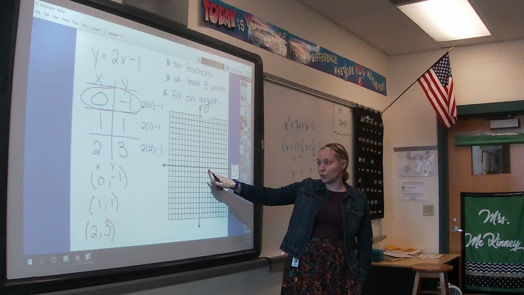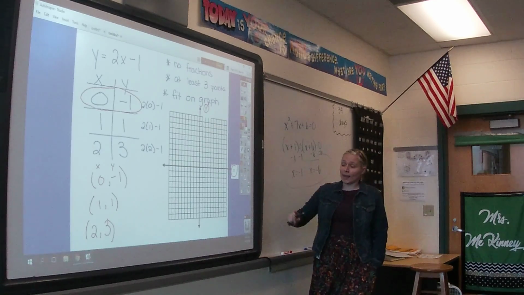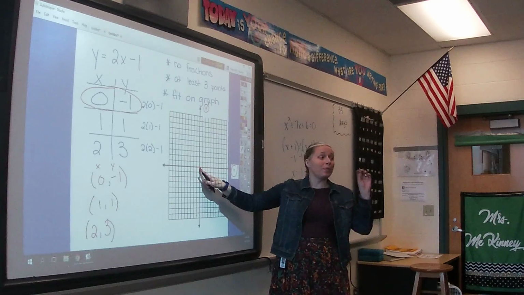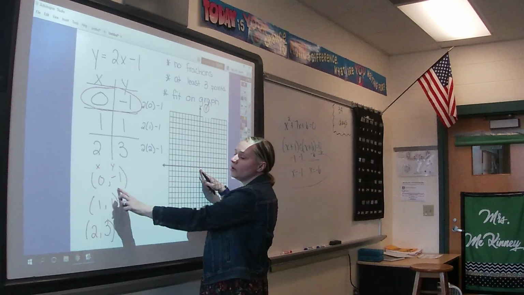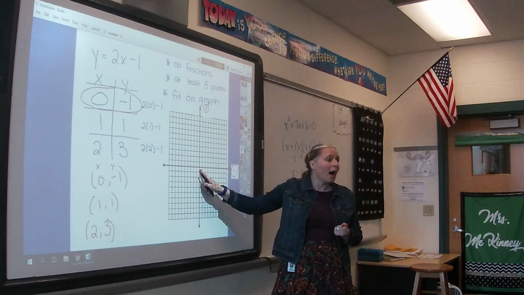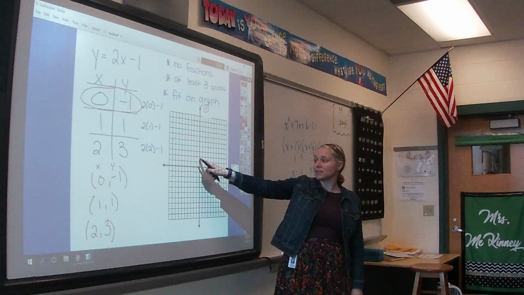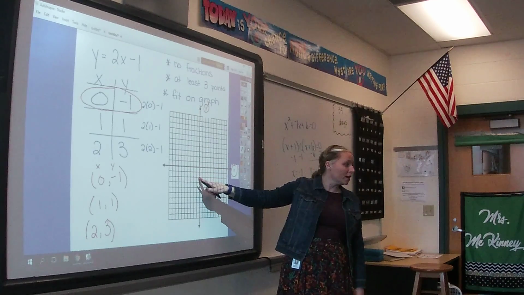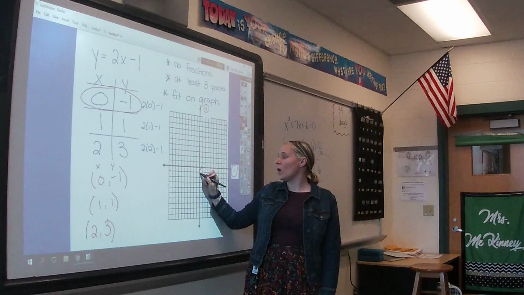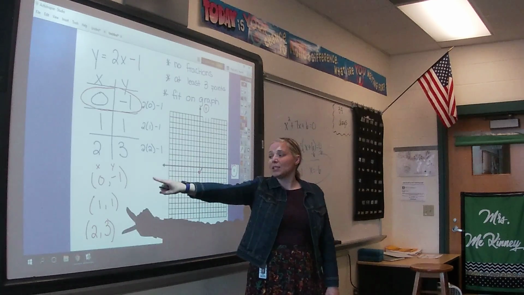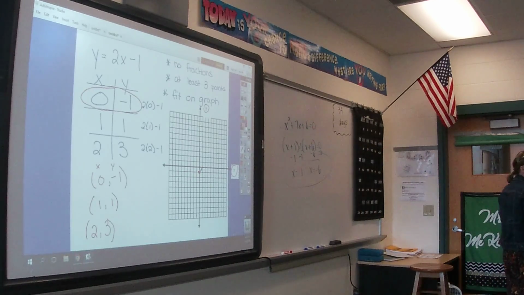Then we'd have 1, 2, 3, 4, just like a number line. Okay, once we are here, we're not going to make a point. We're just going to sort of keep ourselves there, and we are then going to move to -1 on the y-axis. -1 is then down 1, right? +1, +2, -1, -2. So I'm then going to move to -1 on the y-axis. Right? I've taken care of my 0, I've taken care of my -1, so that's where I'm going to make my point.